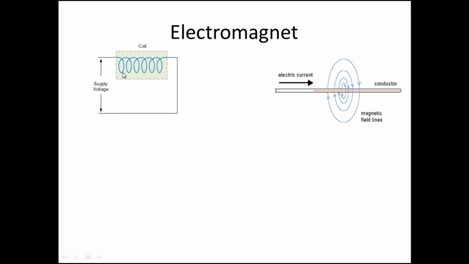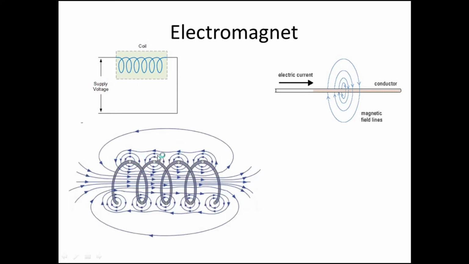There will be field lines around each turn like this, and this will form resultant field lines like this. So this is the case of an electromagnet.